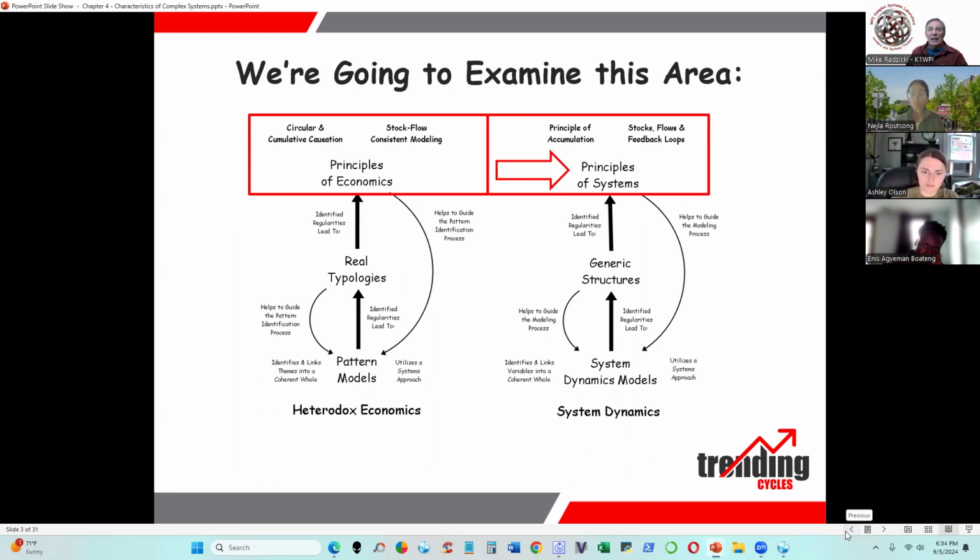And I concluded that the system dynamicists didn't realize that economists categorize themselves or self-organize themselves into schools of thought. And in the different schools of thought, they do economics differently. Every economist doesn't do economics the same way. And it turns out that heterodox economists do economics in a way that perfectly matches system dynamics.